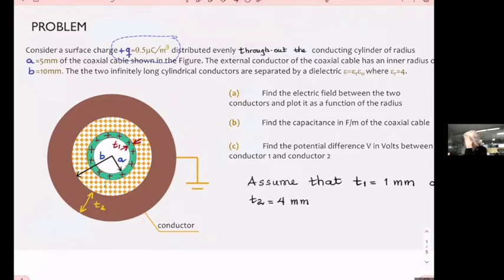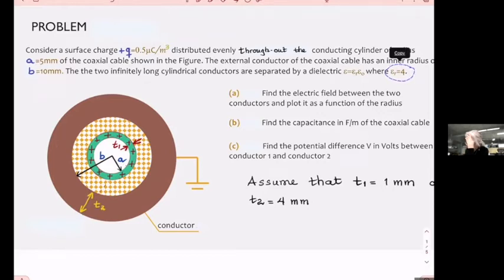And then outside of this, I have a dielectric, with epsilon, which I give here. All right, and epsilon sub r equals 4.